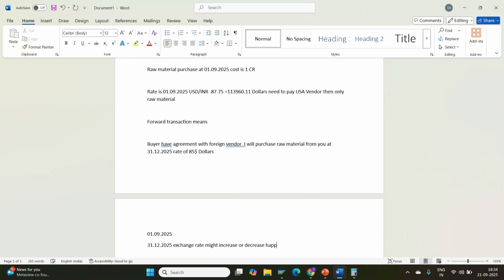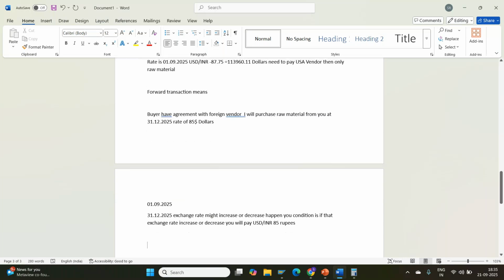But your condition is, whether the exchange rate increases or decreases, you will pay USD to INR 85 rupees only. That is the purpose we create the forward transaction. Understood?